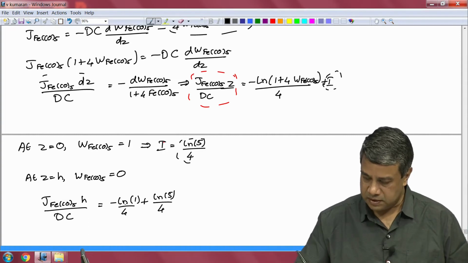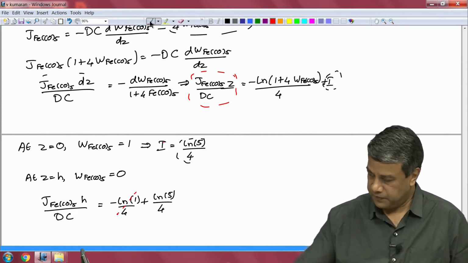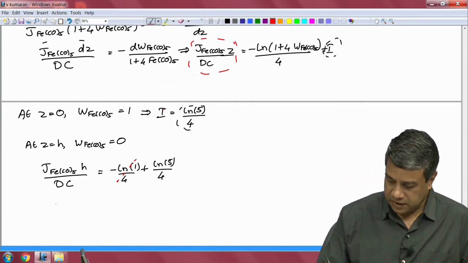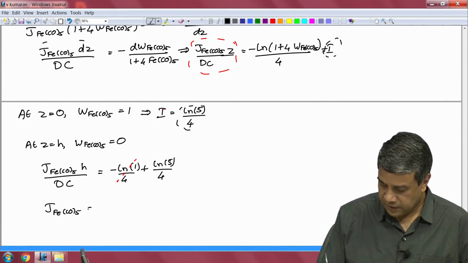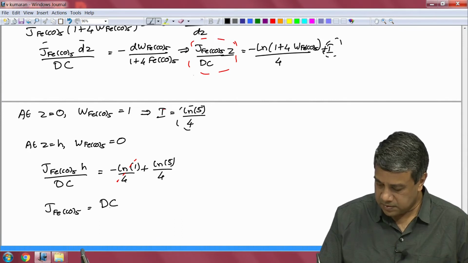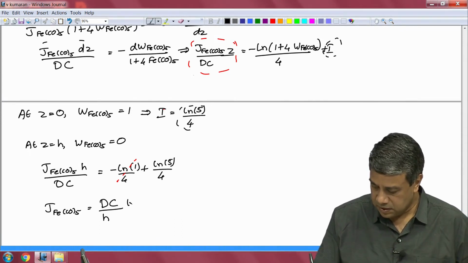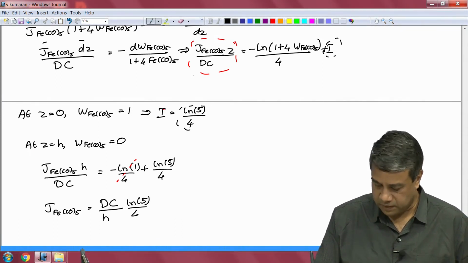Log of 1 is just 0, so I just get ln of 5 by 4. Therefore, I get the flux of iron pentacarbonyl is equal to D times the molar concentration by H, ln of 5 by 4.